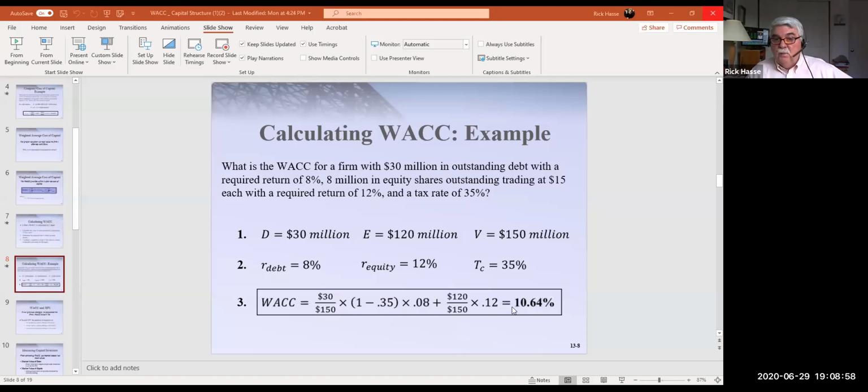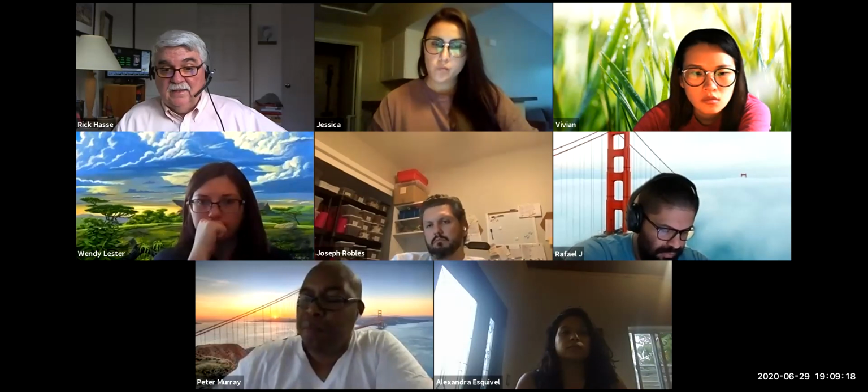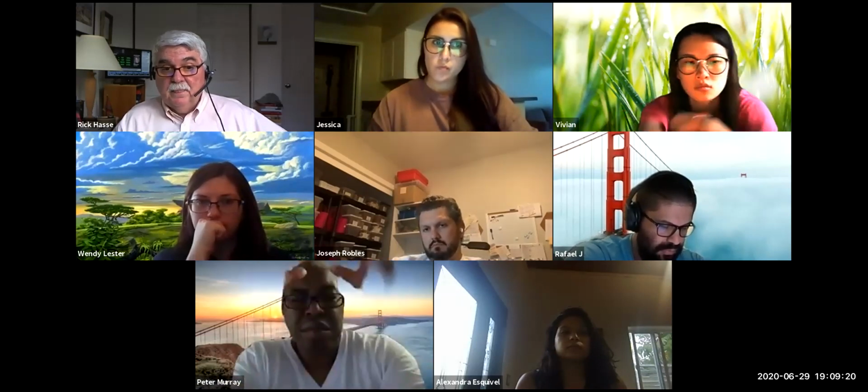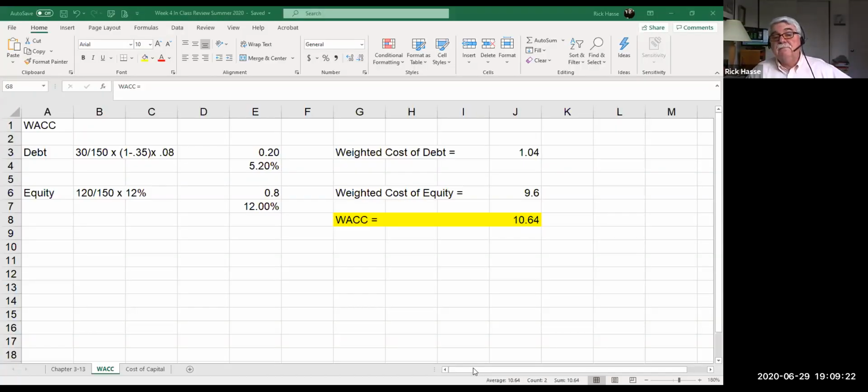So taking a look one last time at that PowerPoint, notice 10.64% is the WACC of this company, where we took the market values, the percentage of debt and equity of those market values, the cost of the debt less the taxes, because that's deductible, and the cost of equity arrived at by the capital asset pricing model, put all those together, and we get the calculation that we just did, 10.64%.